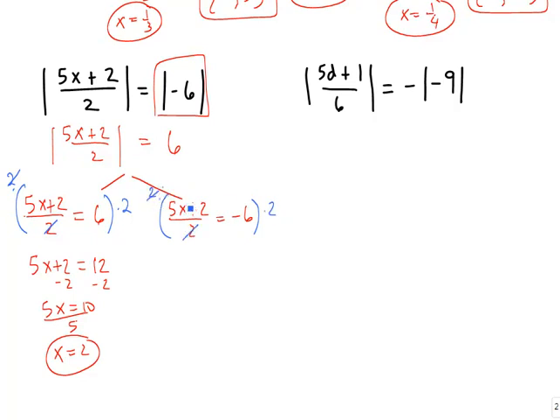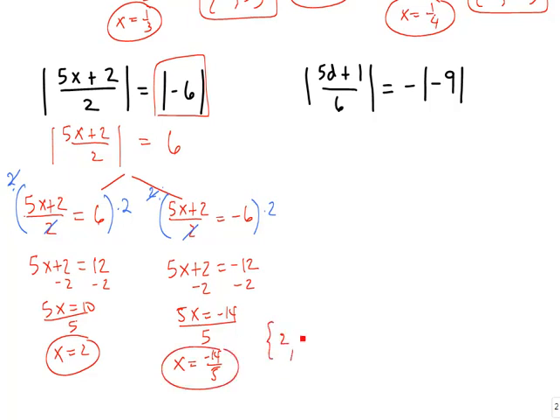We cancel out our 2's on the left side, and so on the left side we just get that numerator, 5x plus 2, and negative 6 times 2 is negative 12. If I subtract 2, I get 5x equals negative 14. Divide by 5, so my second solution is negative 14/5. So I get 2 comma negative 14/5, and I'm done.